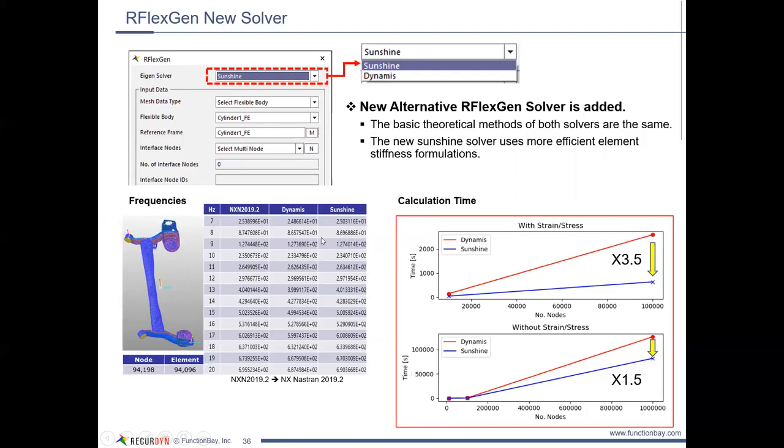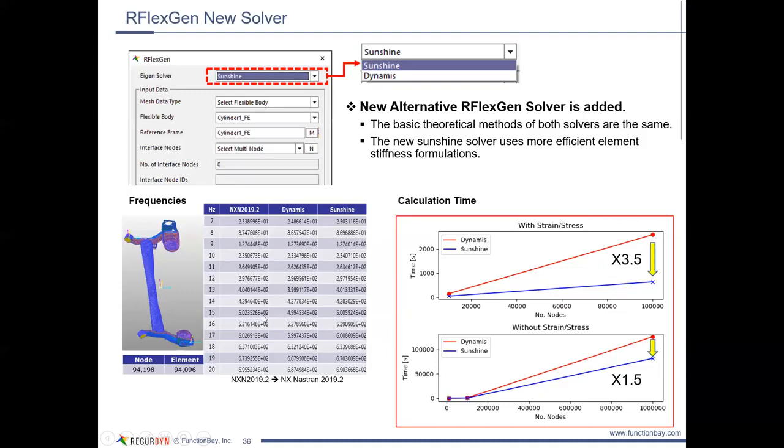And then as far as comparing the accuracy, this chart on the lower left compares the results of the old solver, the new eigensolver, and also NX-Nastran version 2019.2. We're comparing the frequencies, and as you can see, there's always going to be a little bit of a difference, but it's down to like 1 or 2% on the frequencies, so that's quite acceptable.